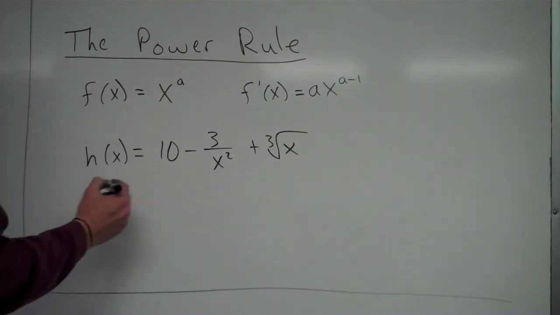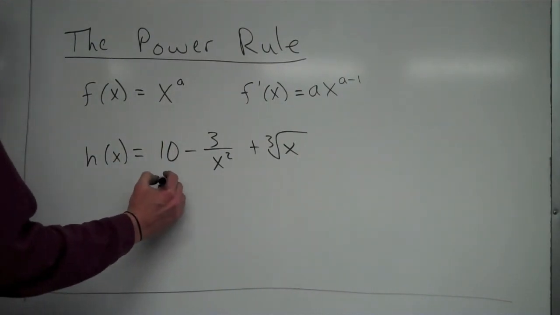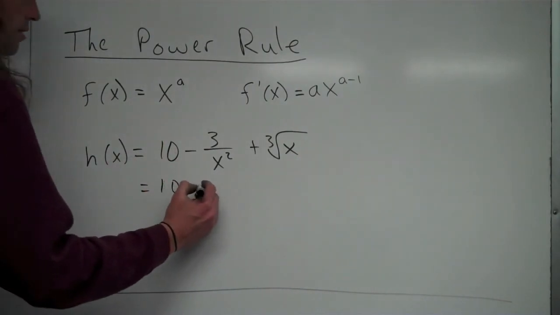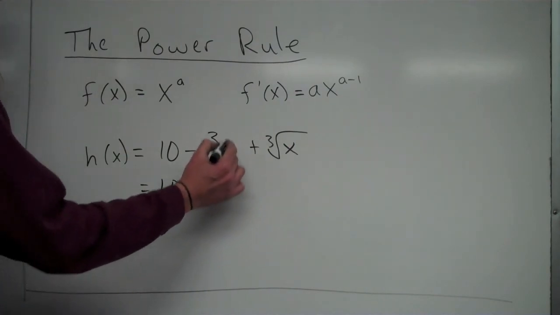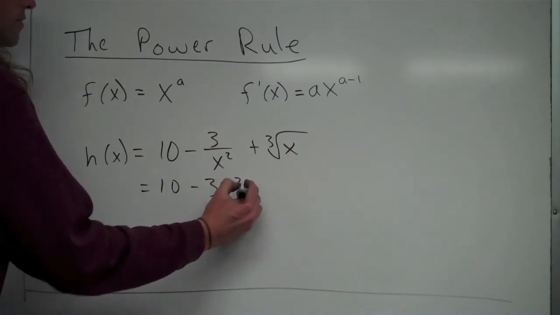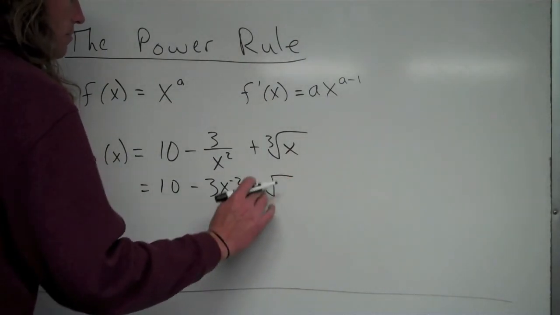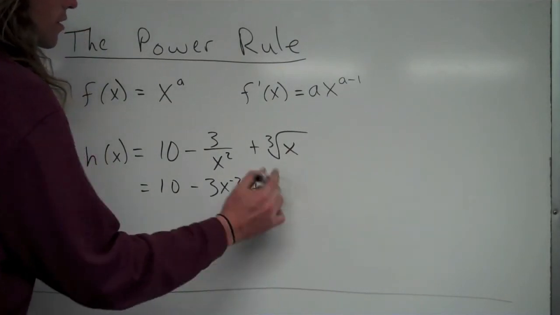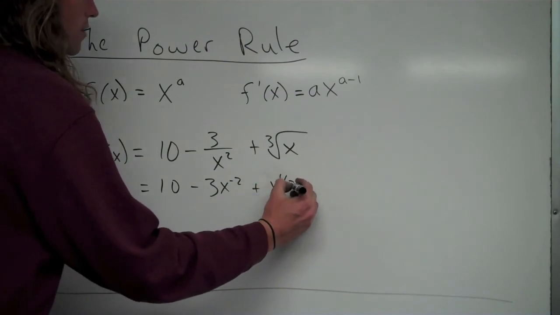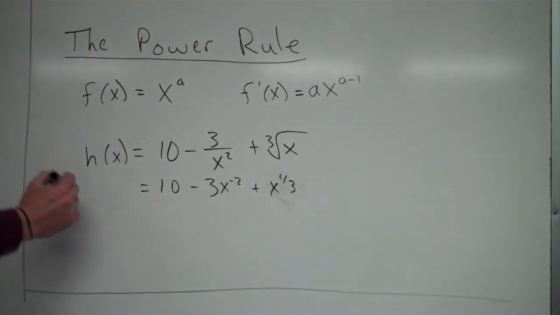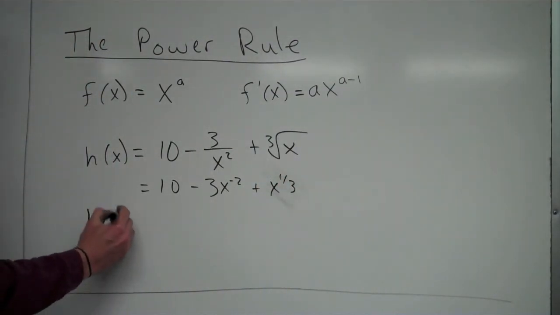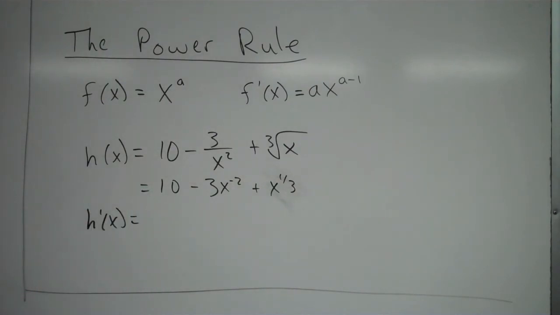So before I take this derivative, let me just rewrite it. This is not taking the derivative at all, I'm just rewriting it. I'm going to bring the x up to the top to write it as x to the negative 2, and then instead of writing the cubed root, I'll write x to the 1/3.